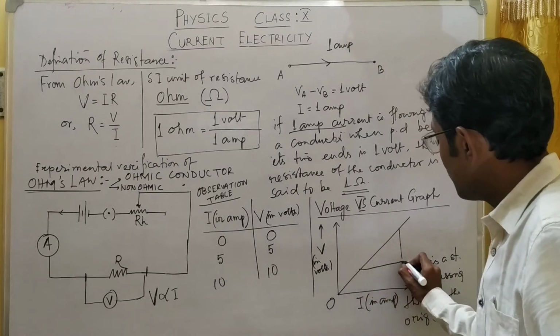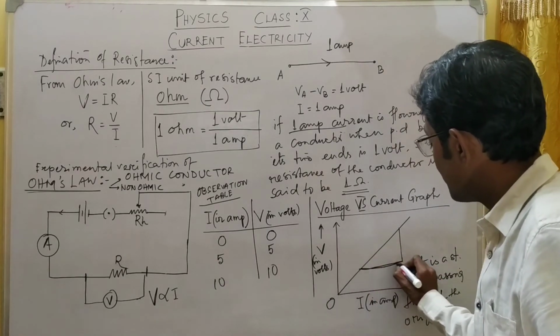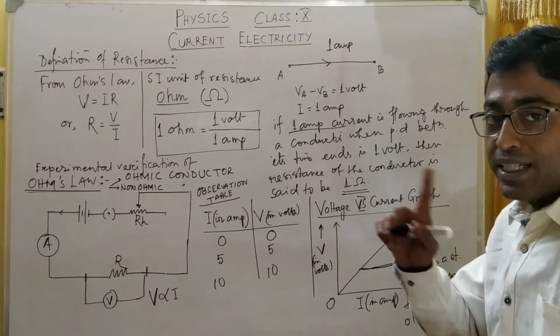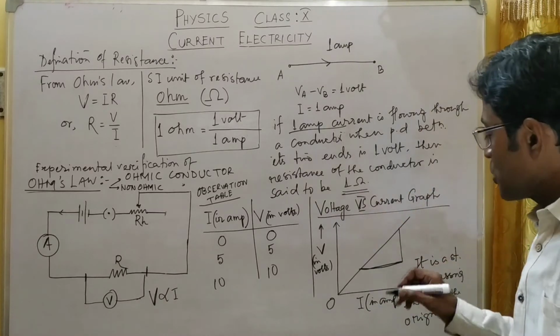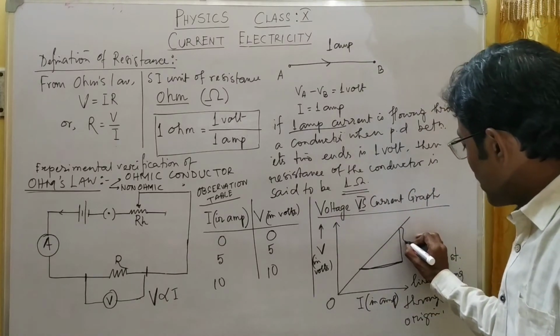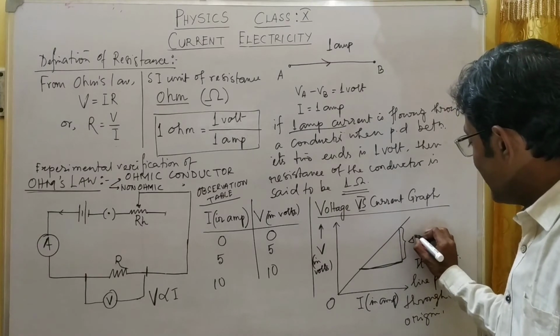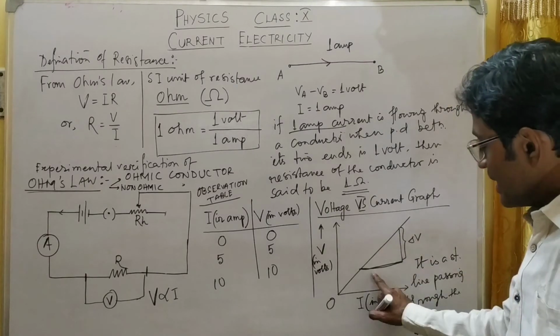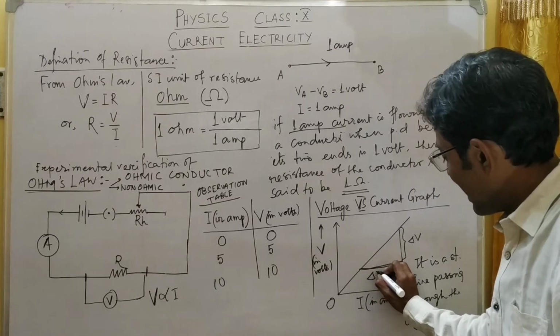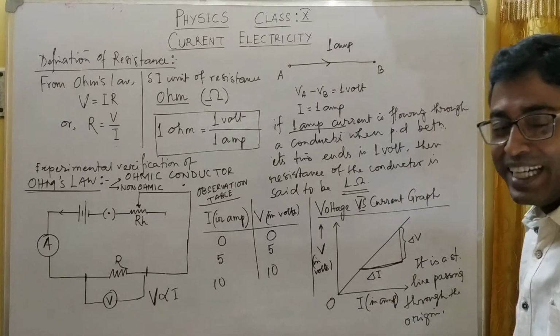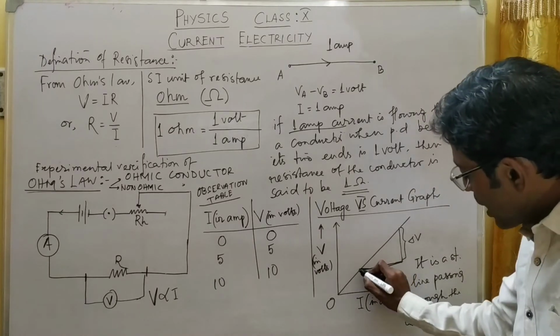In coordinate geometry you might have done slope. What is slope? y2 minus y1 divided by x2 minus x1. So this value I'll call the change in voltage, and this value, triangle, means change in current. How do we measure this?